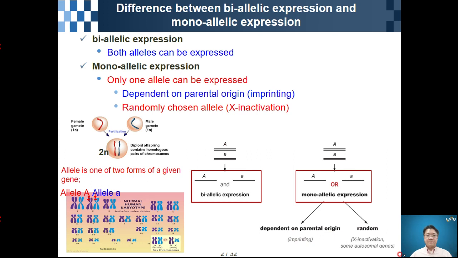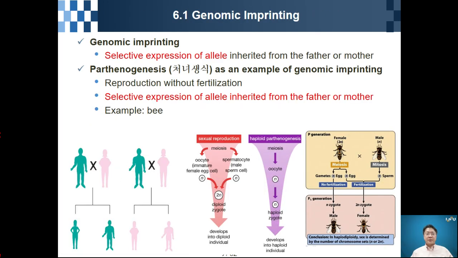In this slide, I will explain the first subject, genomic imprinting. So what is genomic imprinting? Genomic imprinting is a selective expression of alleles inherited from father or mother. Father and mother mate each other, and after that they make their daughter or son.